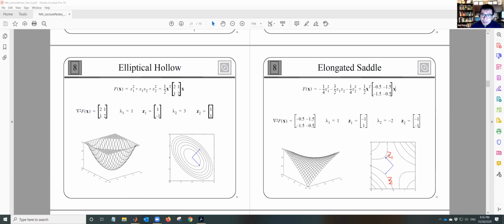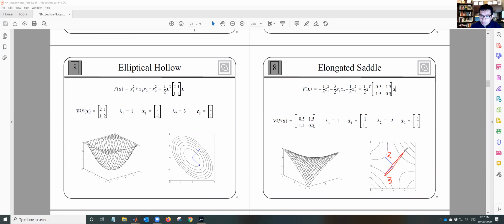But if you go Z1, this is lambda 1, right? This is lambda 2. And if you see the contour lines, you have more contour lines here. Yeah, so the one with more contour lines is experiencing more change, more slope, and it's faster. That's very good.